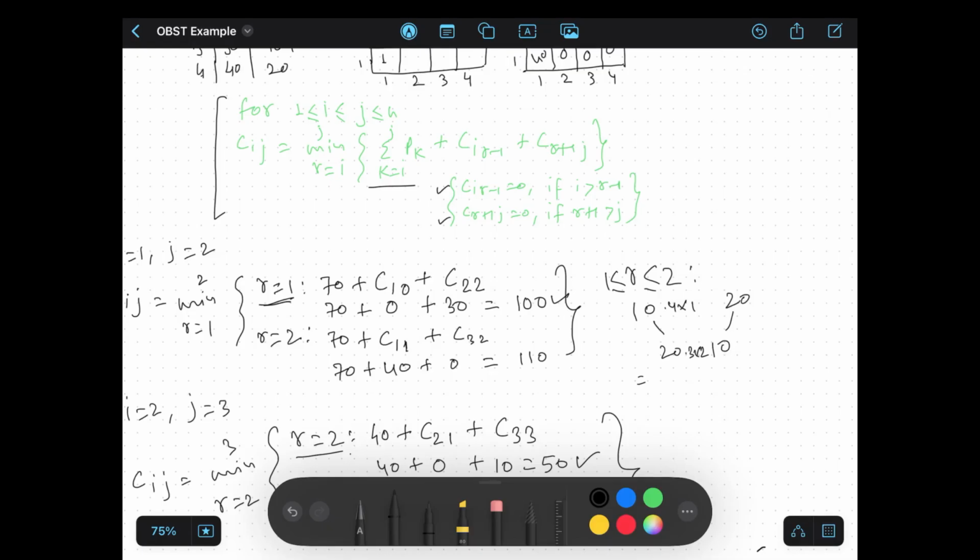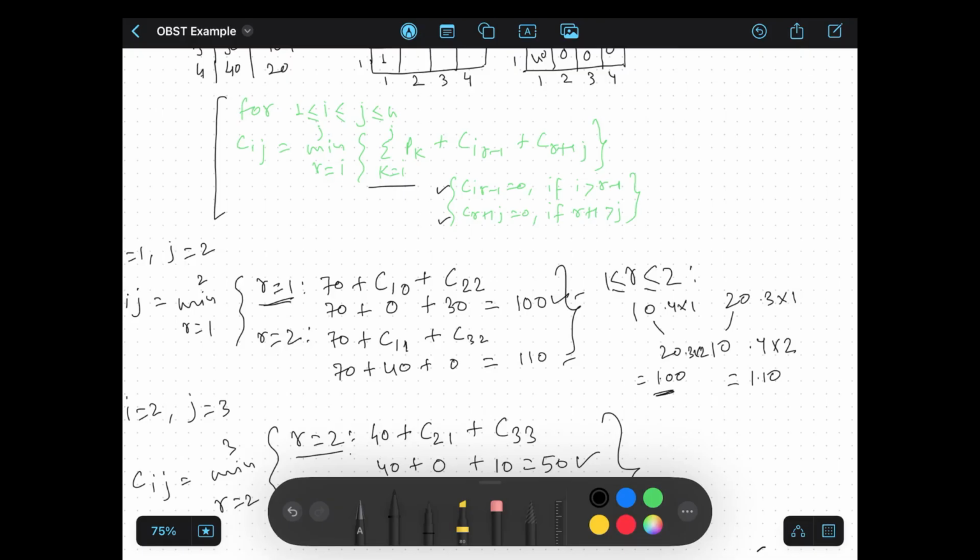So this will come out to be 1.00, right? Similarly, for this, the probability is 0.3 and the search cost is 1. The probability is 0.4 and search cost is 2. So this will come out to be 1.0. And that's what we got here.